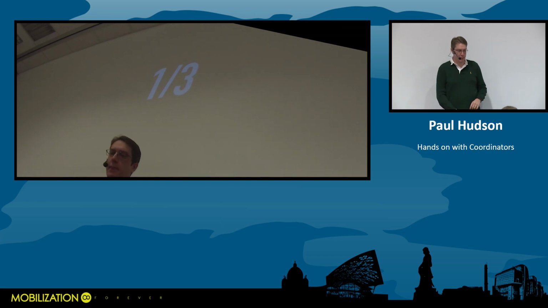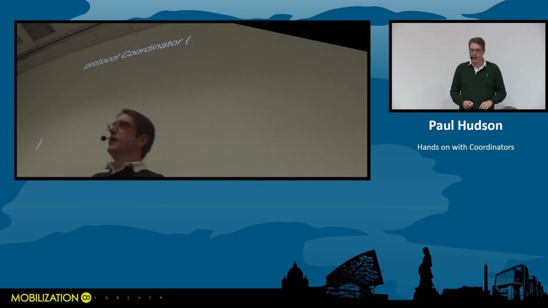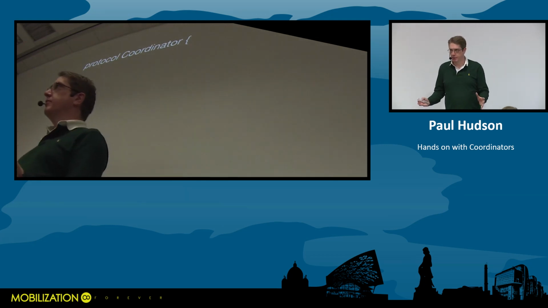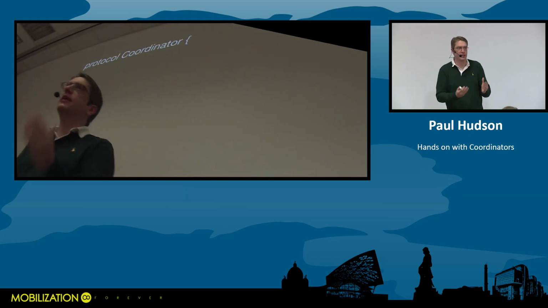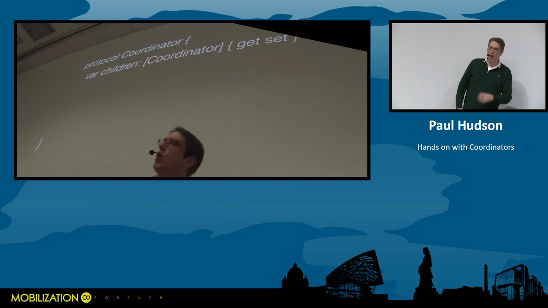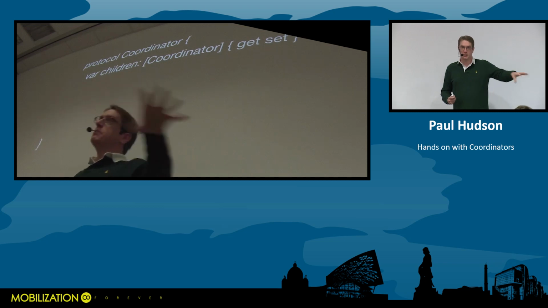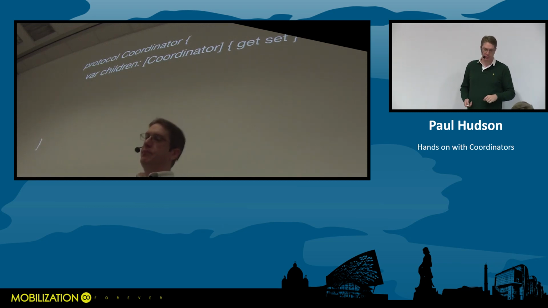We'll do a live demo shortly, hopefully, in theory. First up, you make a coordinator protocol. What does it mean to be a coordinator in your app? A canonical base starting point looks like this. You'd say a coordinator has an array of child coordinators, so you can have sub-coordinators pushing and popping different parts of your app if you want to.